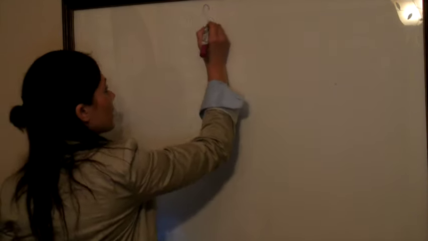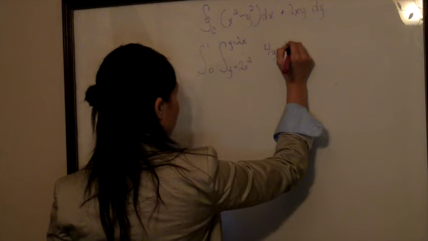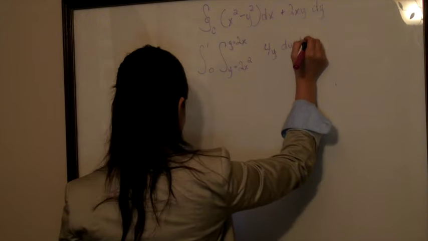The integral has the upper at 1 and the lower at 0, and the second integral has the upper y equals 2x and the lower y equals 2x squared for 4y dy dx.